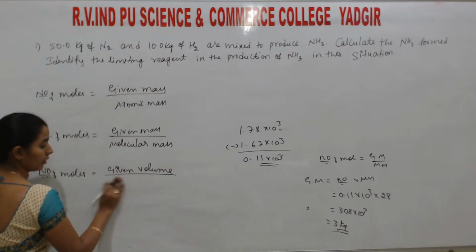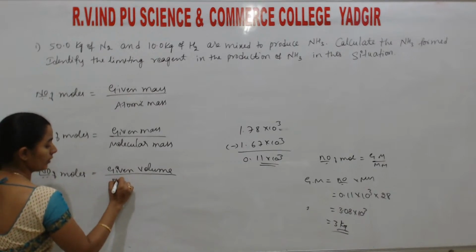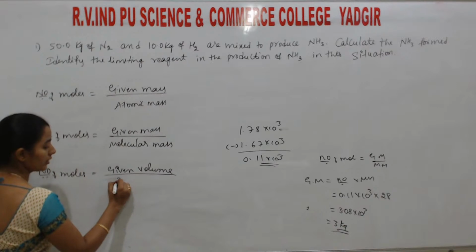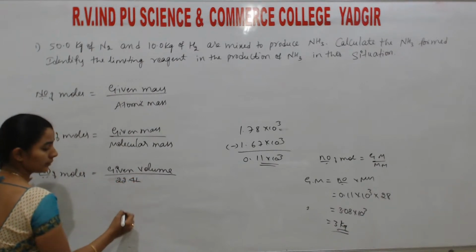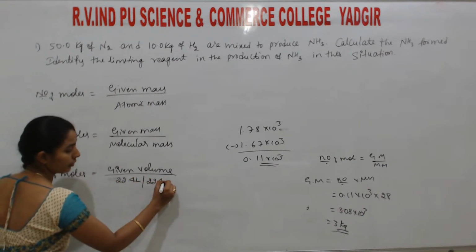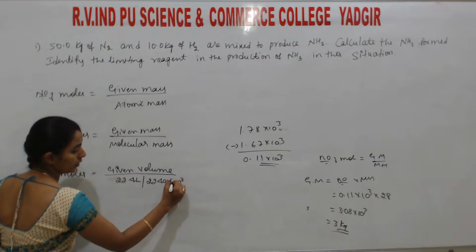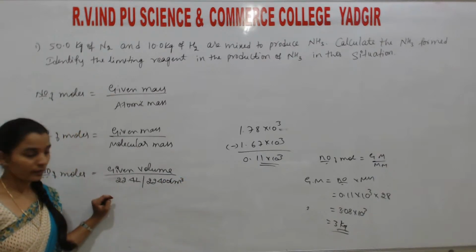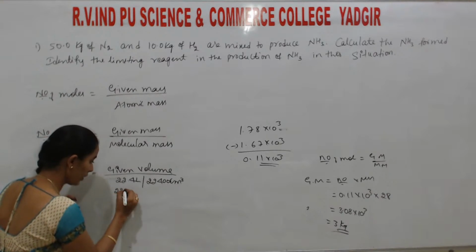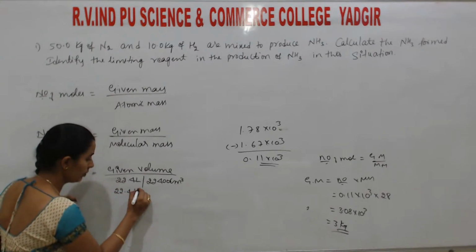Okay, next, number of moles is equal to given volume by molar volume. That means either 22.4 liter or 22,400 cm3 or 22.4 dm3.